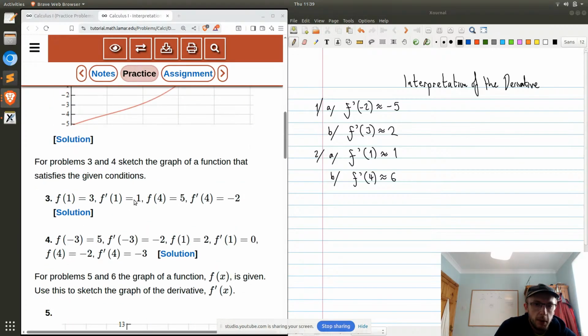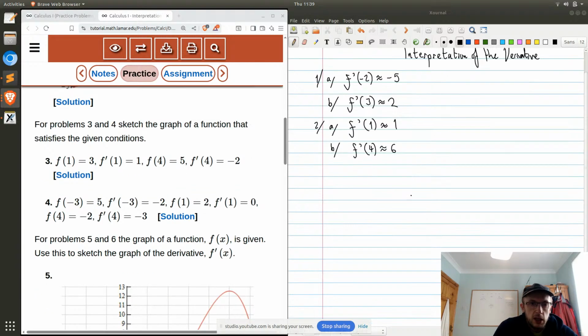Now, for problems 3 and 4, sketch the graph of a function that satisfies the given conditions. So we are to sketch the graph of a function where f of 1 is 3, f prime of 1 is 1, f of 4 is 5, and f prime of 4 is -2.